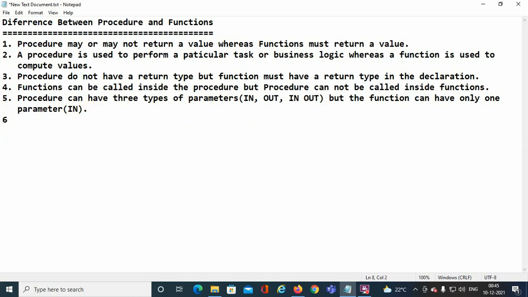Now number 6, a very important point, is that we cannot call a procedure in a SQL statement, but we can call functions in a SQL statement.